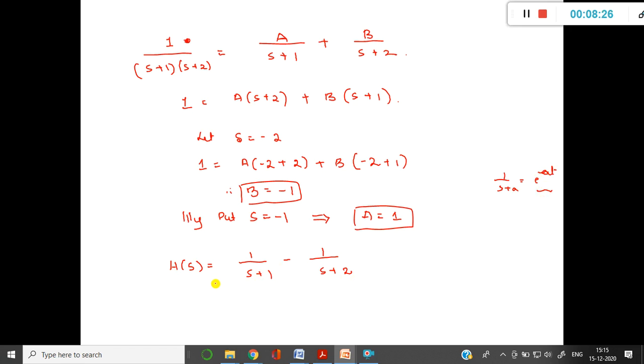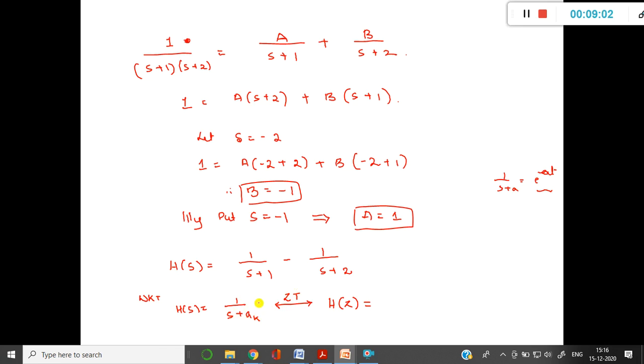So I can write H of z directly in this fashion. We know that if H of s is equal to 1 divided by (s plus a_k), then instead of going for H of t, I directly write H of z, because we already derived this from the impulse invariance method. So directly from Laplace to z transform, instead of going to the inverse Laplace transform and again applying the z transform.